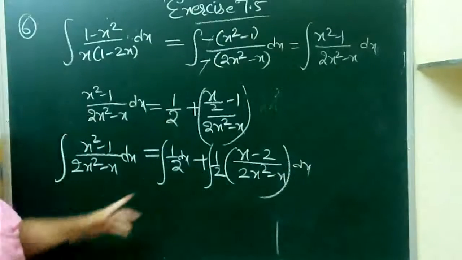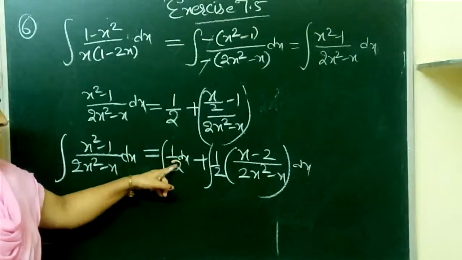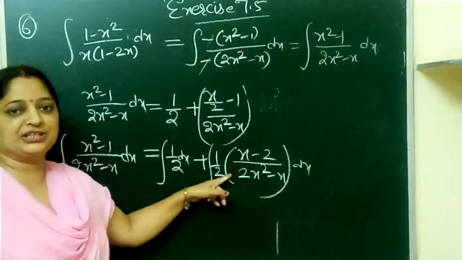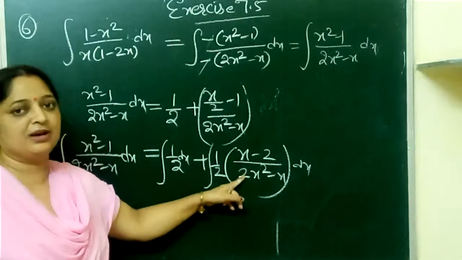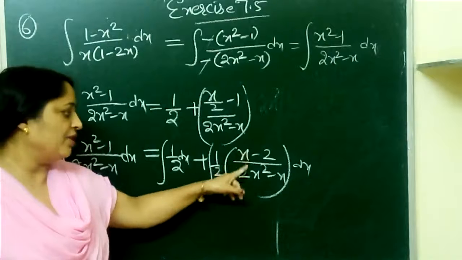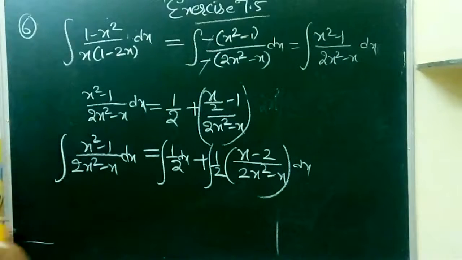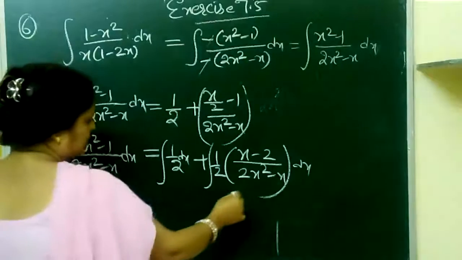Now you know the integration of this one will come 1 upon 2 into dx. But how will you solve the integration of this term? Now this is in proper fraction form. Now we can solve this term by partial fraction.